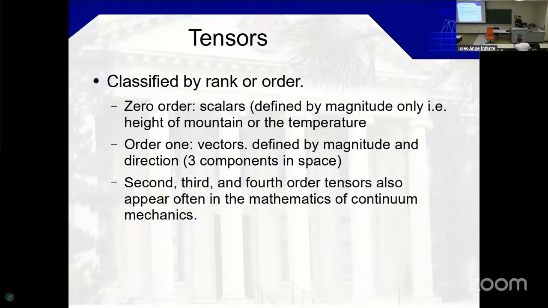When you have order one, you talk about vectors. Vectors will have a sequence of values. When we talk about vectors in space, usually they have three components, but a vector can have multiple components. It can be much fancier than that, but it still has only one dimension itself.